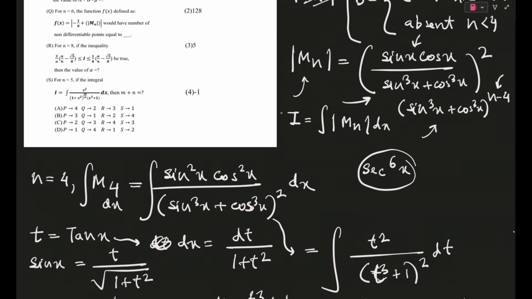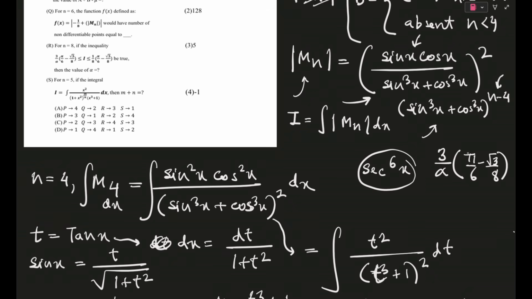Okay, so in part R, for n equals 8, if the inequality, I will write this down here: 3 by alpha times (pi by 6 minus root 3 by 8), in case you have any problem seeing, less than or equal to I, less than or equal to 1 by 8 times (pi by 6 minus root 3 by 8). If this inequality is true, then what is the value of alpha?